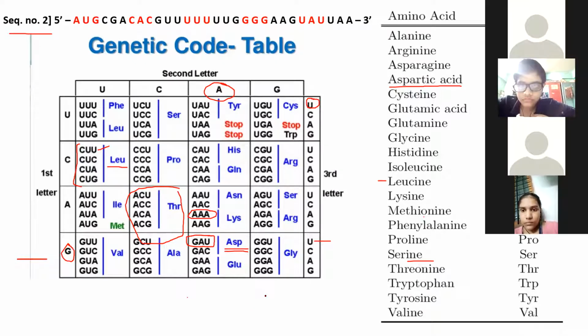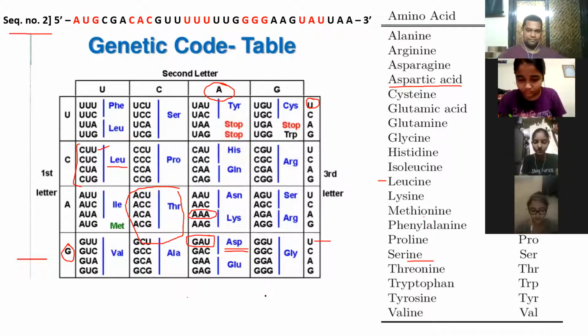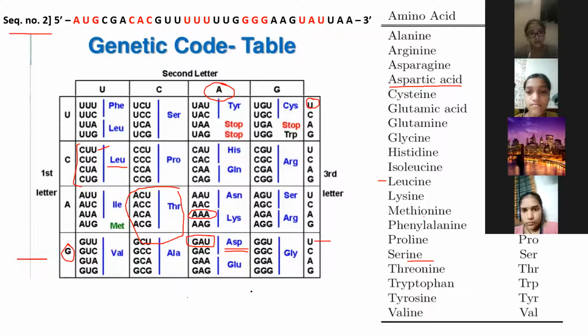Keep the videos on, I say. In a classroom, we are always in front of each other, right? So this is a virtual classroom. You can write the symbols for the amino acids, the 3-letter symbols.